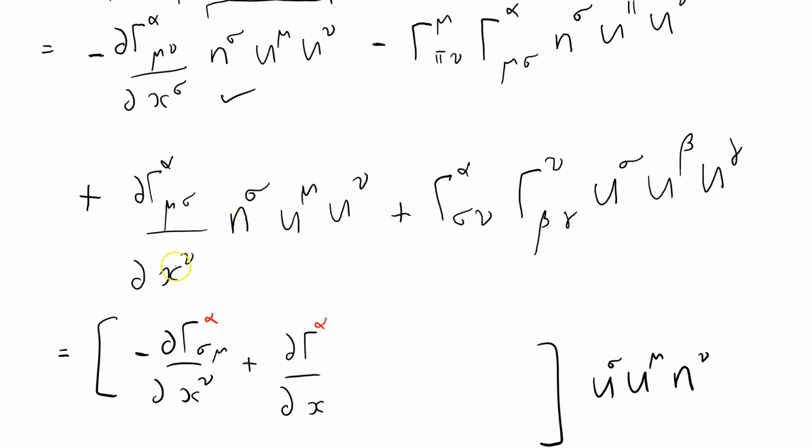I'm doing this term here. The nu term goes with that term there, which is this one here. I may as well. So I'm getting myself a little bit tangled up here. I'm doing this term here. That alpha is this alpha here. The mu term and the sigma term sum with the n and the nu.